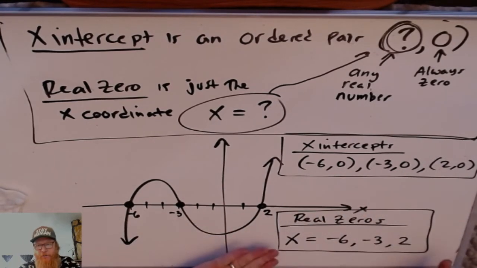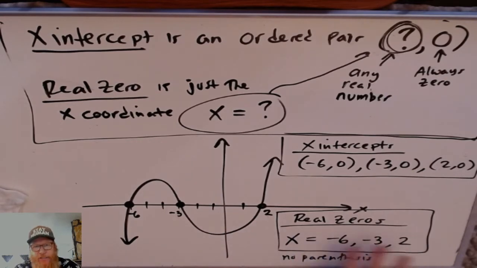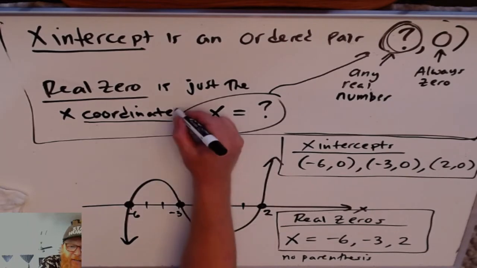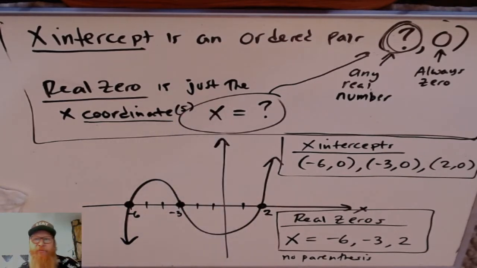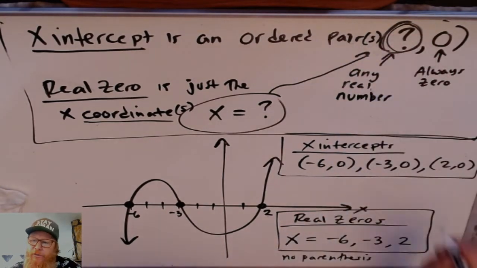And you don't use any parentheses or brackets or braces or anything like that. It is just a list of the x-coordinate or the x-coordinates if they're more than one, and ordered pairs if there are more than one.